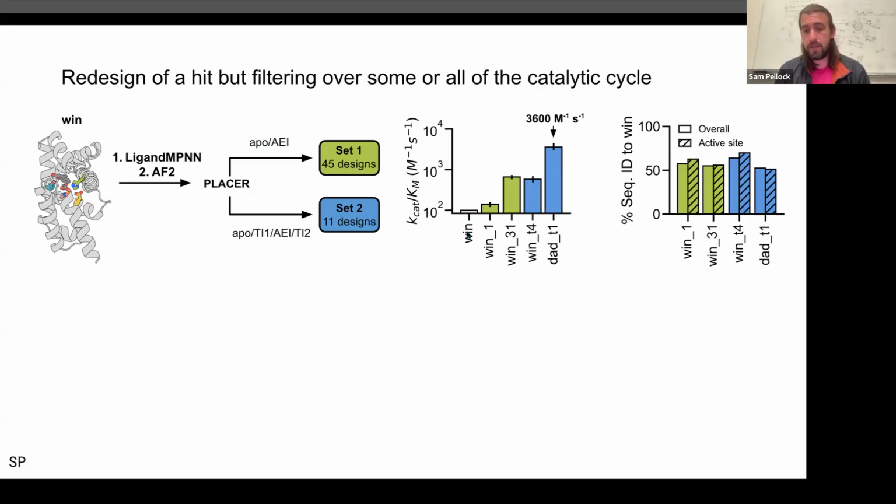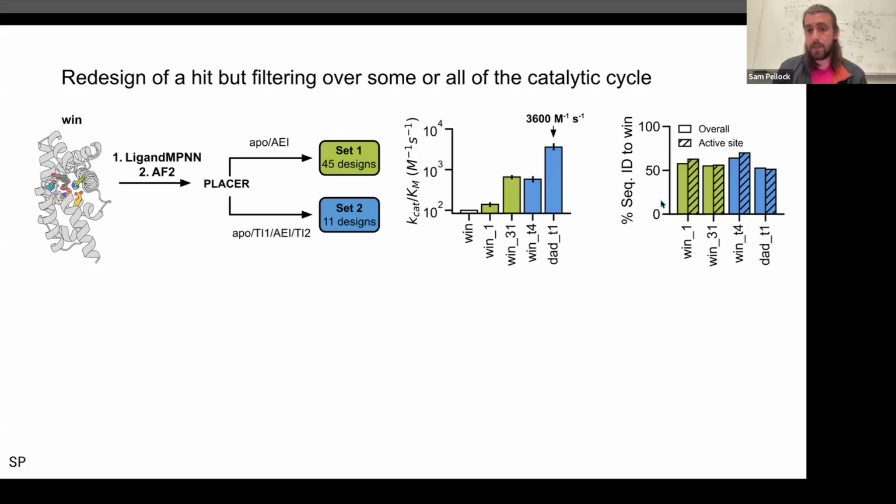So WIN is shown here. This is the parent design, and on the y-axis we have catalytic efficiency. And yeah, there's close to an order of magnitude improvement in efficiency. The best design in terms of efficiency was this one at 3,600 per molar per second, which in the world of designed enzymes that haven't been experimentally optimized is pretty good.